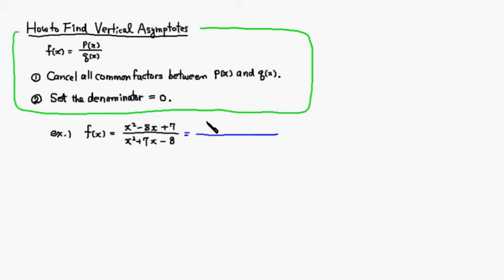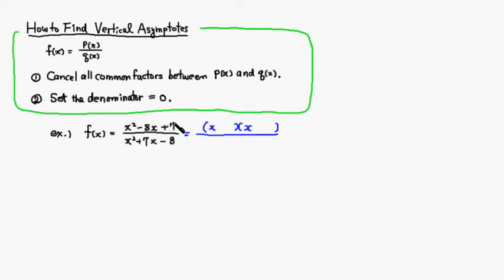We can factor this as, since we have to get x squared, it's probably x times x. We have to come up with two numbers. The product has to be 7, and the sum is going to be negative 8.